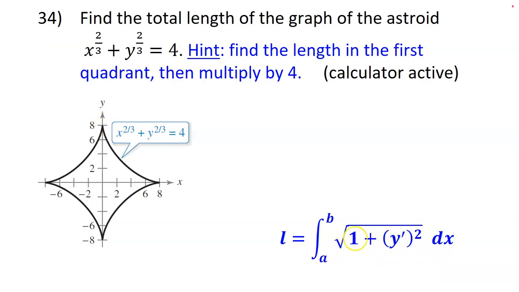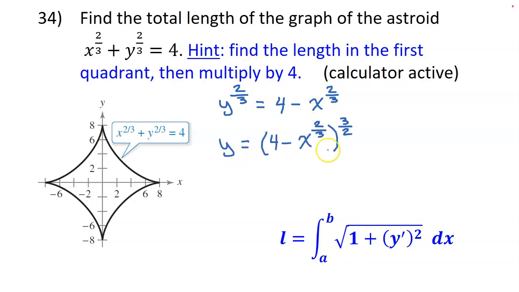In order to set up the arc length formula, we need to find y prime. But first we need to rearrange the original equation to get y by itself. Subtracting x to the 2/3 power from both sides gives us this. We can get rid of the 2/3 power by raising both sides of the equation to the 3/2 power.